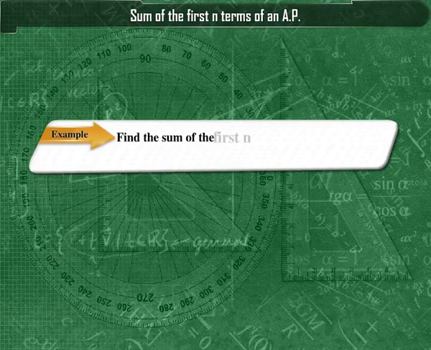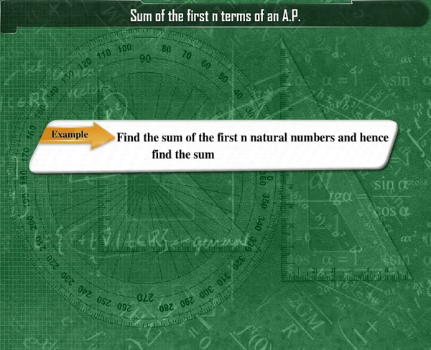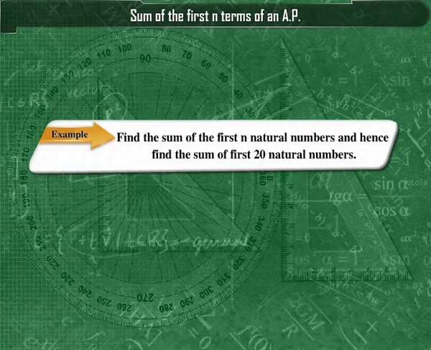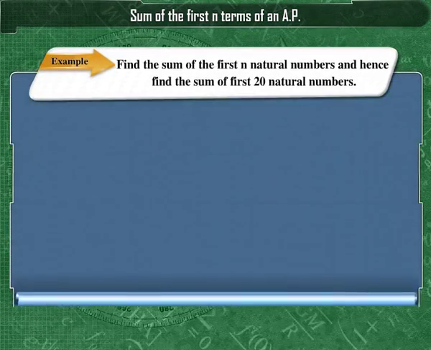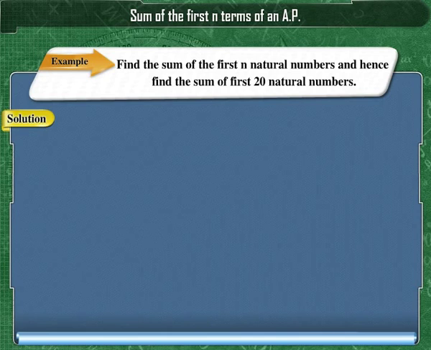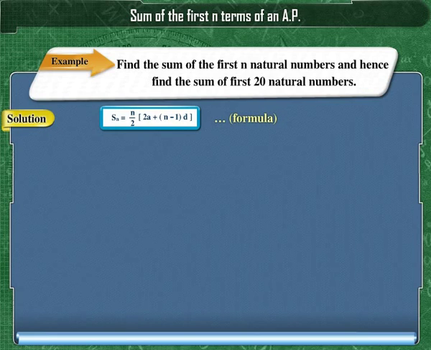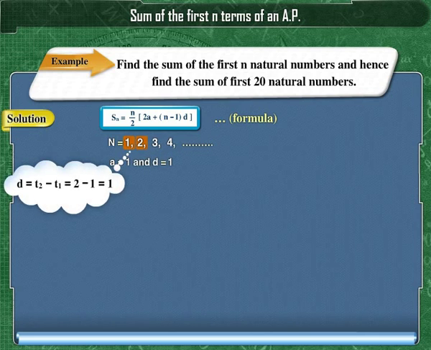Find the sum of the first n natural numbers and hence find the sum of the first 20 natural numbers. First, let us find the sum of the first n natural numbers. We know that Sn is n upon 2 into 2a plus n minus 1 into d. Since the natural numbers are 1, 2, 3, 4 and so on, a is 1 and d is 1.